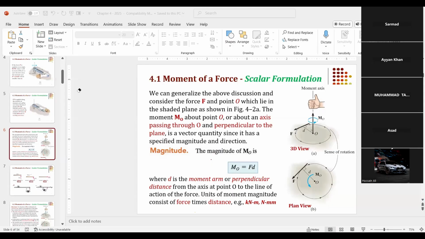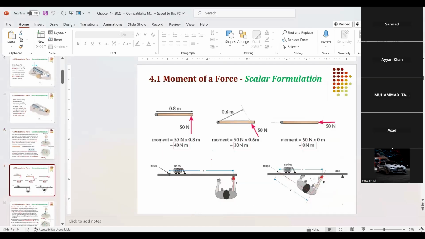Moving forward to the next slide, slide number 7. This is the basic example of the door. We open and close the door. Just a minute. Let me see if I can change the color of this.